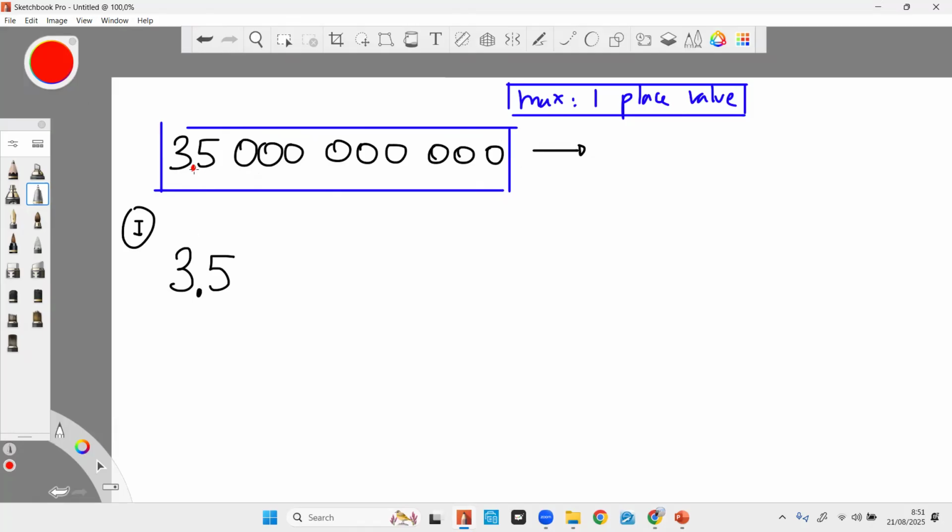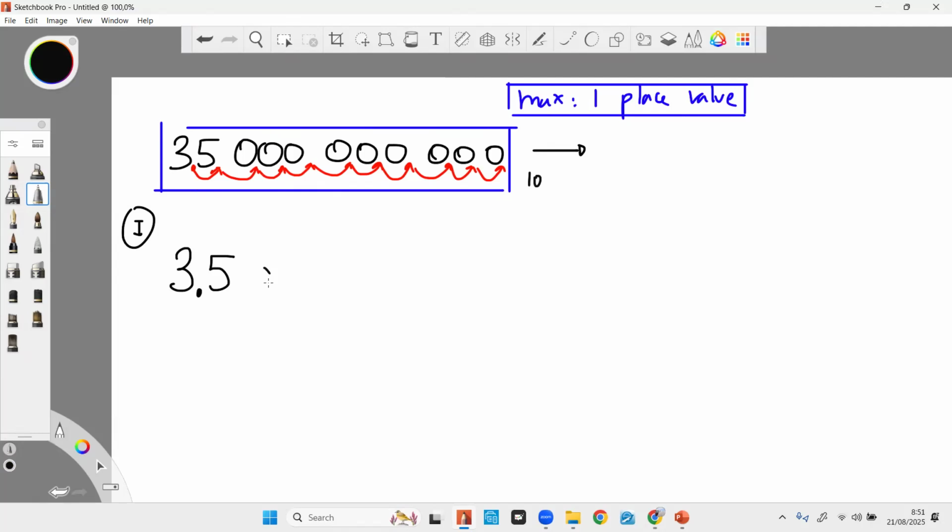How many steps does it take to go to the last zero? 1, 2, 3. It has to be right in between the number. 4, 5, 6, 7, 8, 9, 10. Then we have 10 steps.